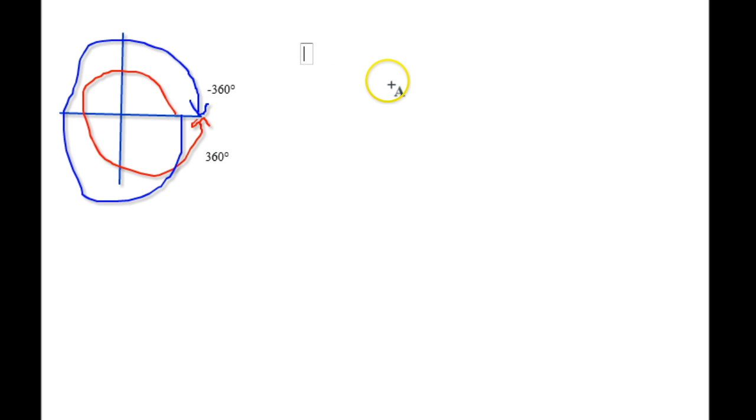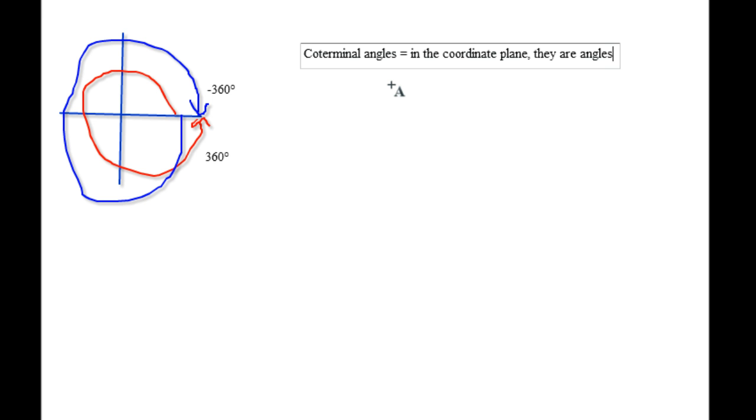But coterminal in the coordinate plane, they are angles that end in the same position.